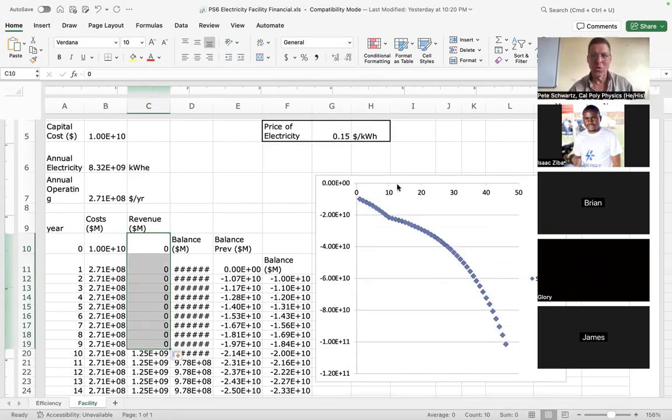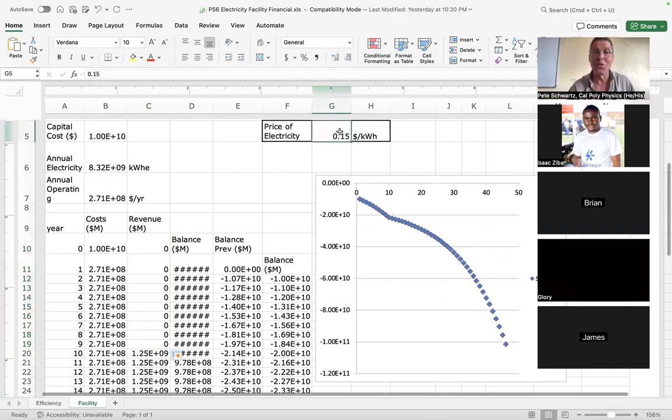Oh no. So what you see is I go deeper and deeper into debt, and it's exponential because I'm paying interest. And then after 10 years, I am so deep into debt that the interest on my debt is more than the money that I get. Right? So I lose. Oh no.